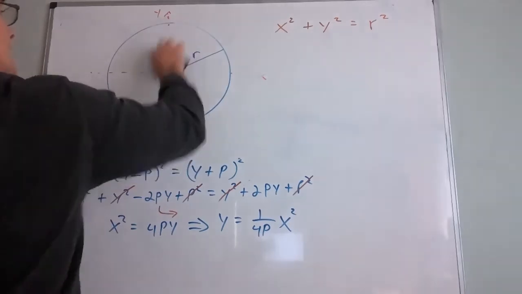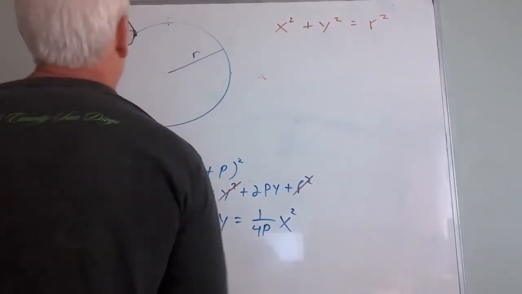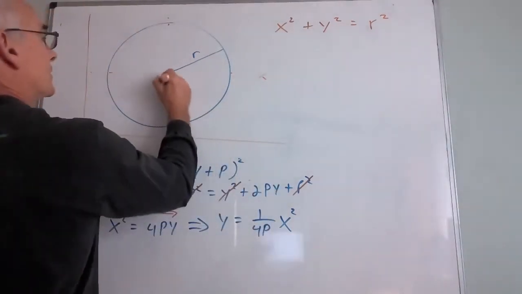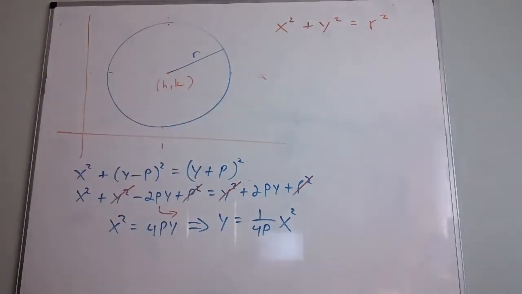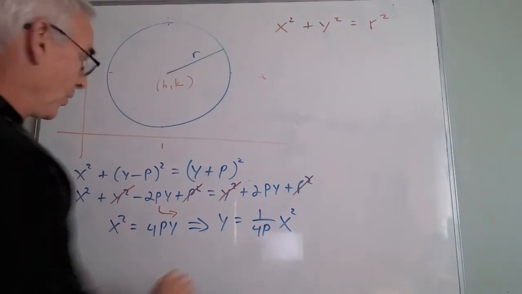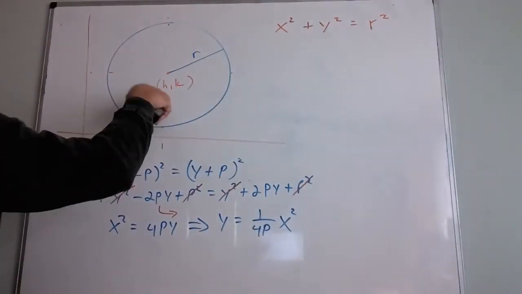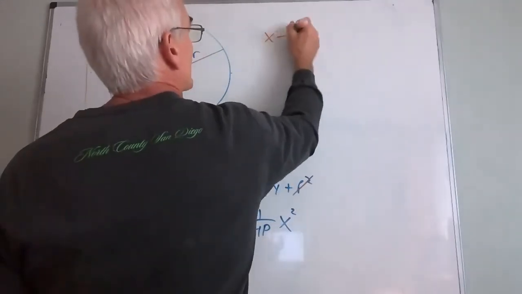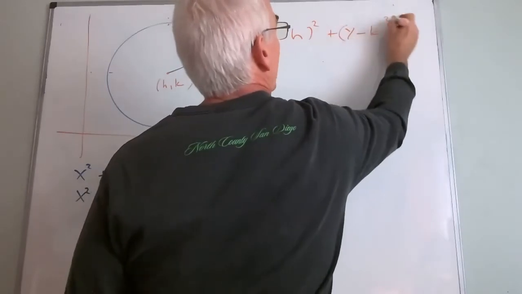In fact, the most general case of the circle is, I'm going to call the center h comma k. Oh, well, then this equation won't work anymore. So you guys remember, I hope, that if you're doing a shift, we're shifting from 0, 0 to h, k. That means that I subtract h from the x coordinate and I subtract k from the y coordinate.